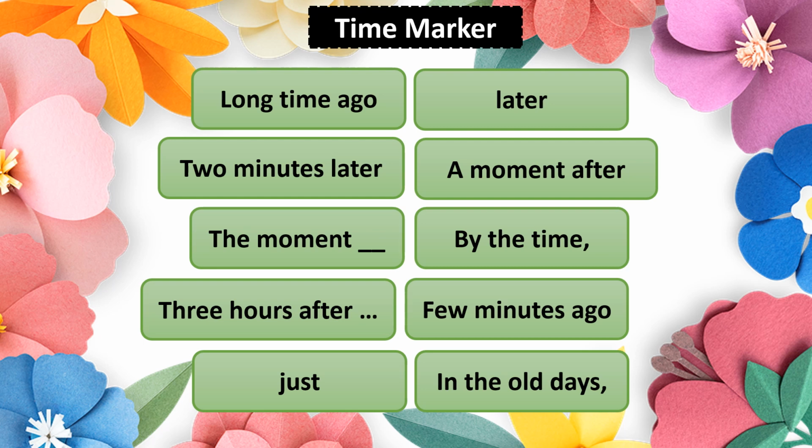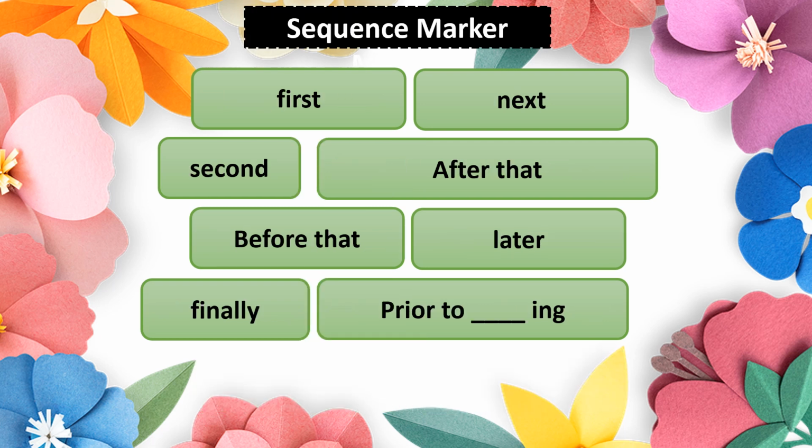There are more time markers such as long time ago, later, 2 minutes later, a moment after, the moment, by the time, 3 hours after, few minutes ago, just. Okay, now let's look at sequence markers. Sequence markers are also important to make your storyline stay connected.